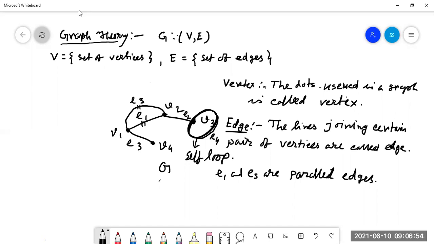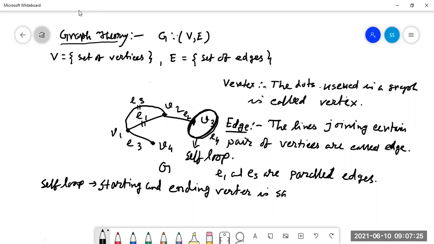And a self loop means an edge starting from a vertex and ending on that same vertex. For a self loop, the starting and ending vertex are the same.